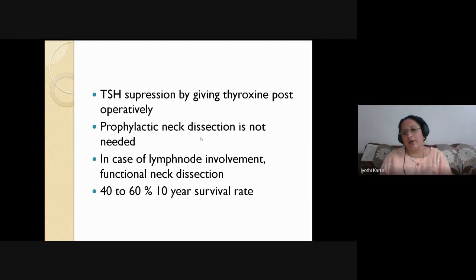Suppose there is lymph node involvement, you have to do functional neck dissection. I told you very rarely they can spread by lymphatic route, you can do lymph node resection. So 40 to 60% is the 10-year survival. Compared to papillary carcinoma, this has a lower survival rate.